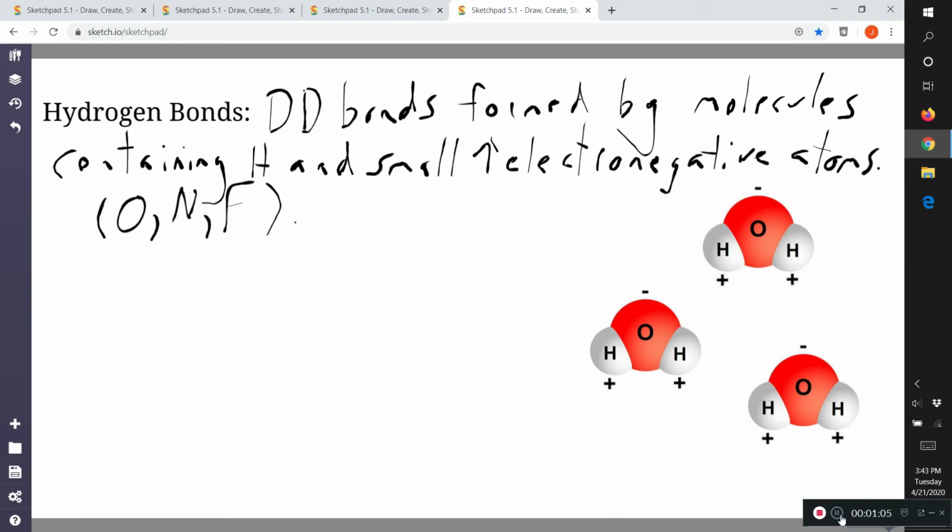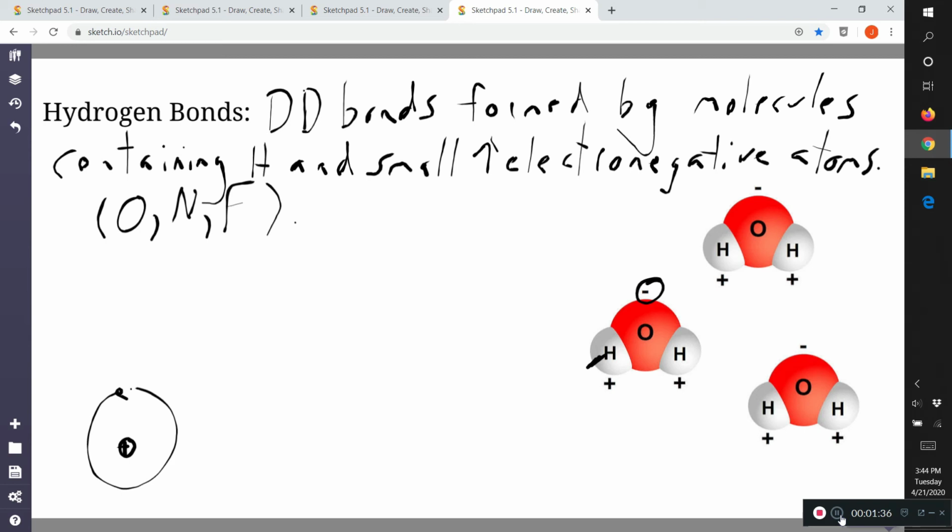So, how do they work? Well, if you remember what a hydrogen atom looks like, it looks like one proton and one electron flying around the outside. So when that electron bonds with the oxygen, it doesn't leave any electrons on the end. This side of the molecule is pretty much all positive hydrogen nucleus. So it's going to be rather strongly positive, and this side is going to be rather strongly negative.